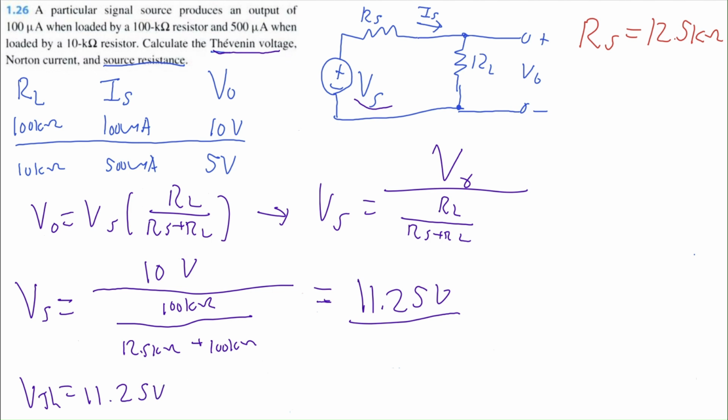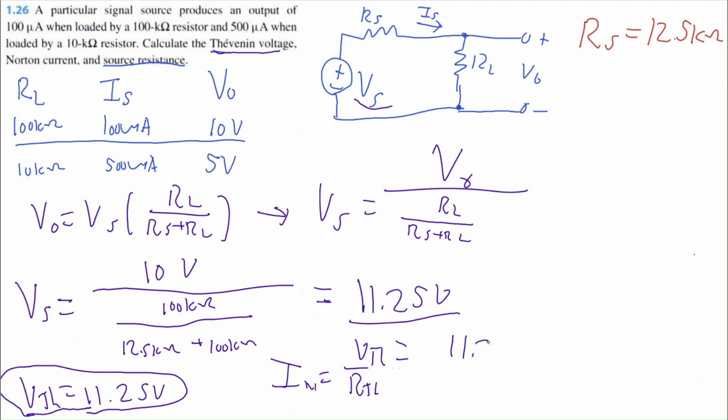Okay, now what's our Norton current? Well, once you have Thevenin voltage and your source resistance, your source resistance is the same as your Thevenin resistance. So you can just do your Norton current. I'll use an N for Norton. Norton current would be just V Thevenin over R Thevenin.